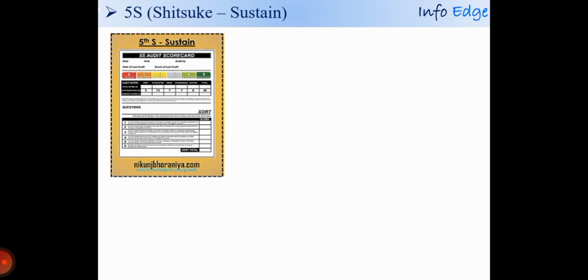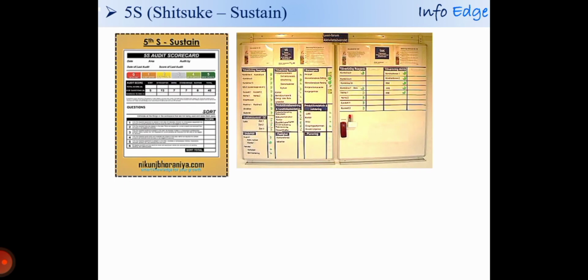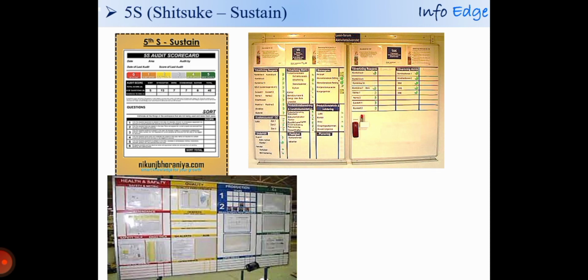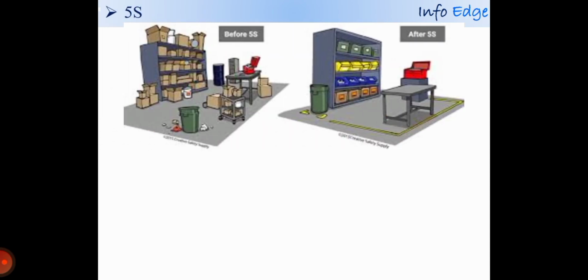So this is the audit scoring system to identify each zone, what is the scoring and what is the level of the 5S implementation. The second board also you can see the each zone. And this is the before and after condition. You can see before that more of the cotton boxes were stored directly. After this implementation, they have made customized bins.